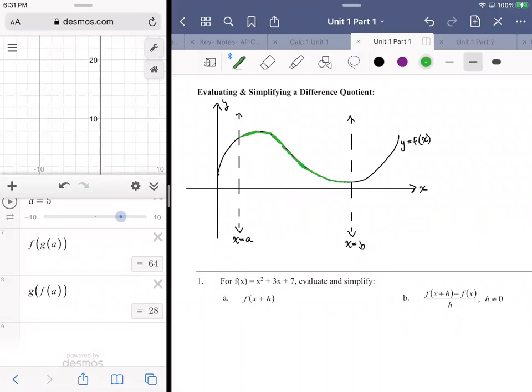Now, there exists a point on the graph at the intersection between my vertical lines and the function itself. There's one point at a and one point at b.